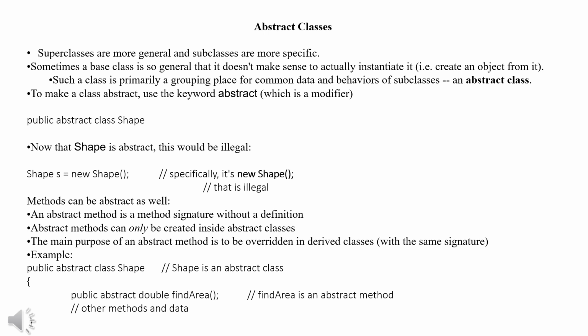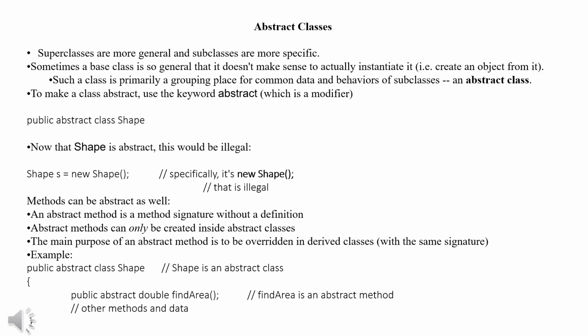Superclass is the class that consists of data and methods, and subclass is the class that inherits data and methods from the superclass. So actually, superclasses are more general and subclasses are more specific.